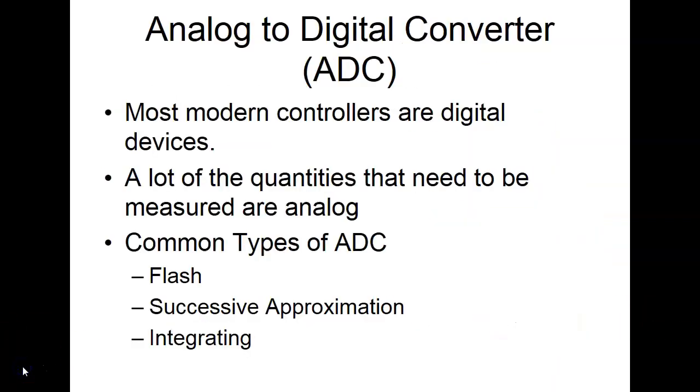ADCs, analog to digital converters. So we need to understand that, especially in sensors, analog sensors. The only analog sensor that we're going to do a lab on is going to be the potentiometer.